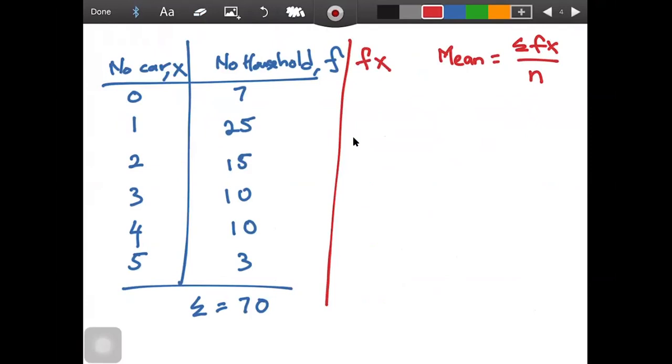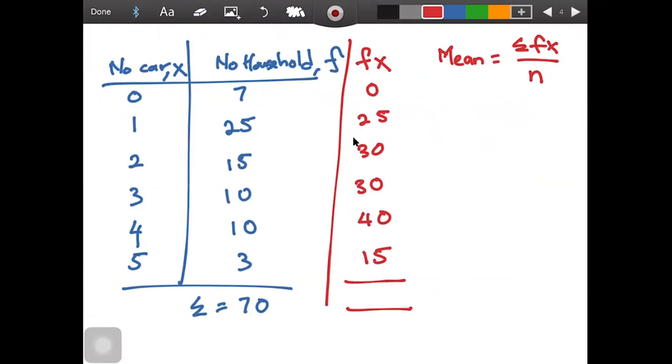So 0 times 7 is 0. 1 times 25 is 25. 2 times 15, 30. 3 times 10 is 30. 4 times 10 is 40. 5 times 3 is 15. So you need to total it up.